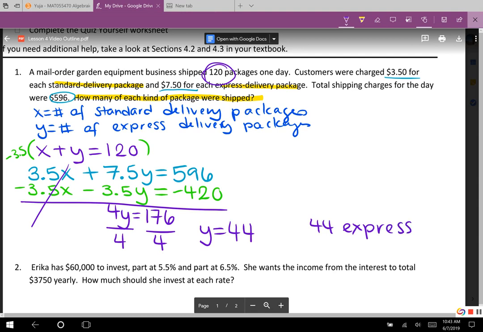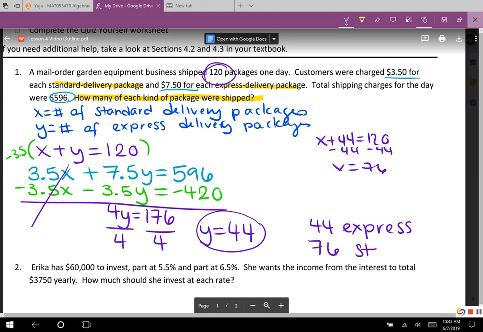And then I can take that answer and plug it into either equation to get my X. Let's see, X plus 44 has to equal 120, minus the 44. So X is 76. So that means we must have 76 standard delivery packages.